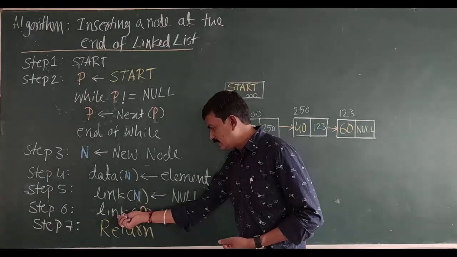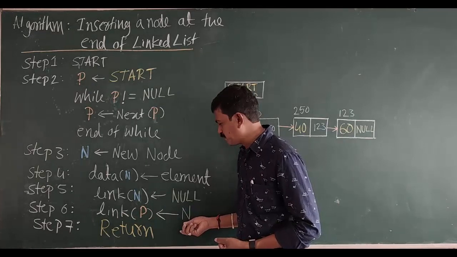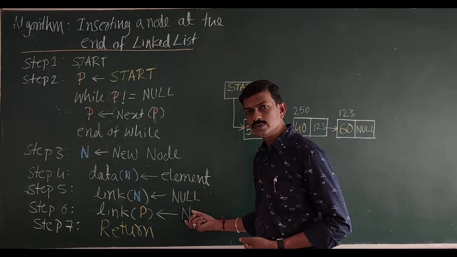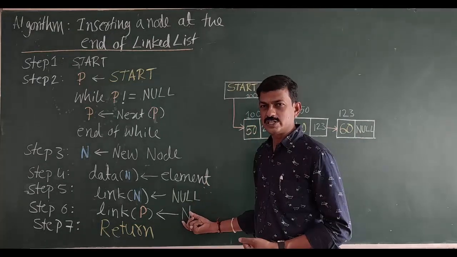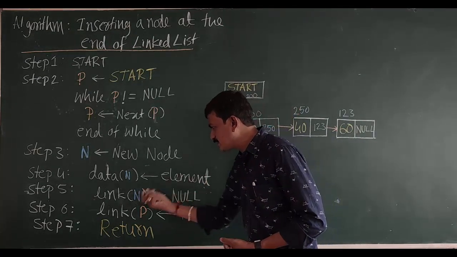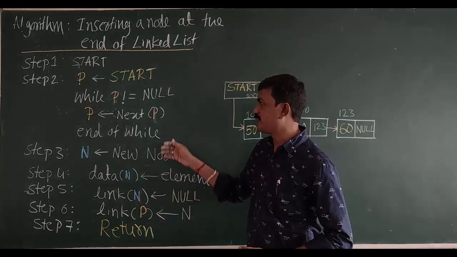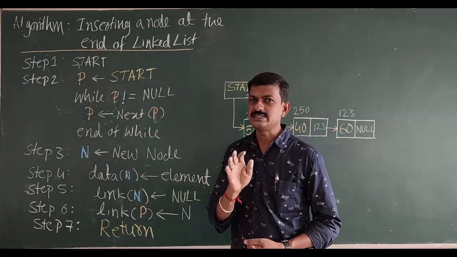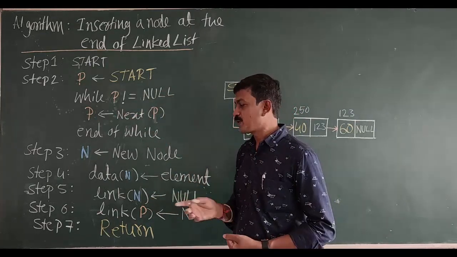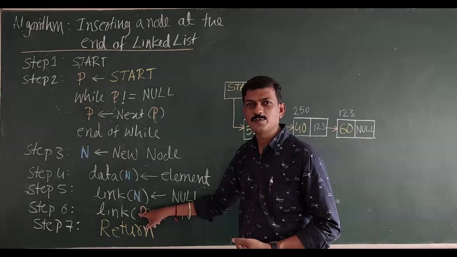Step 6, link of p equal to n. It means I created a node at a certain location, and that address should be assigned to link of p. While traversing from the beginning of the linked list, p is the last successively visited node, so I need to assign link of p equal to n.